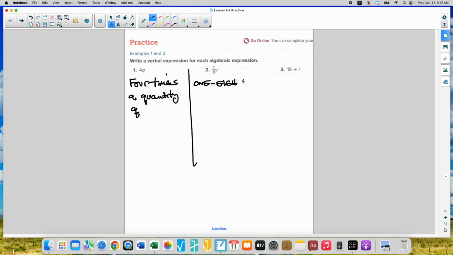With fractions, we always put a little hyphen there. 1/8 of a number y. So notice the different ways of writing multiplication.